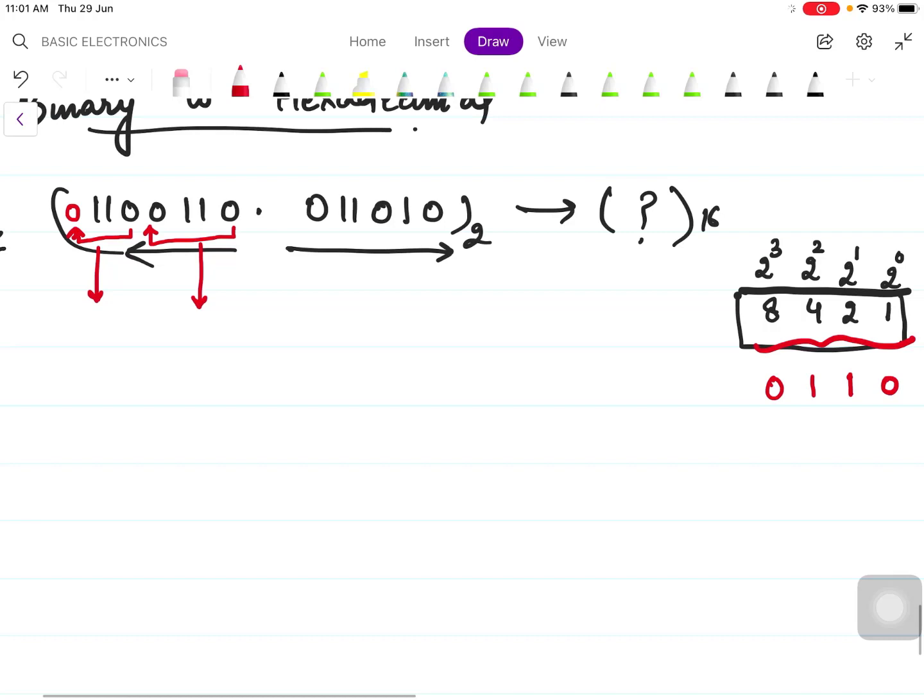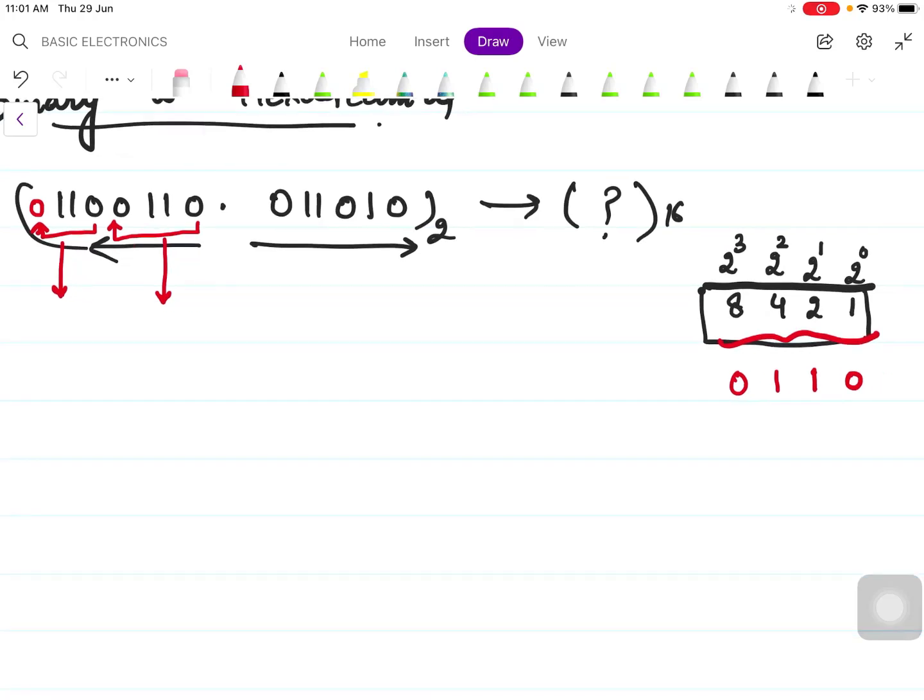Now the 1, this one is falling under 4 and this one is falling under 2. Sum them up. 4 plus 2 is 6. So this number represents 6. So this is 6. Same again, 0110 is again the same combination, so it will give you 6.